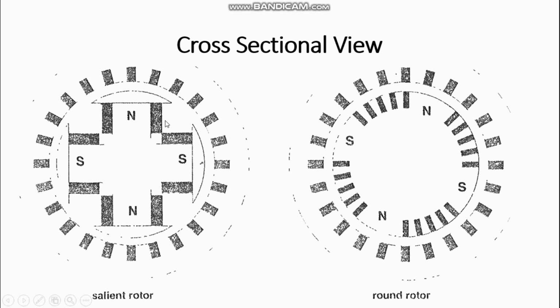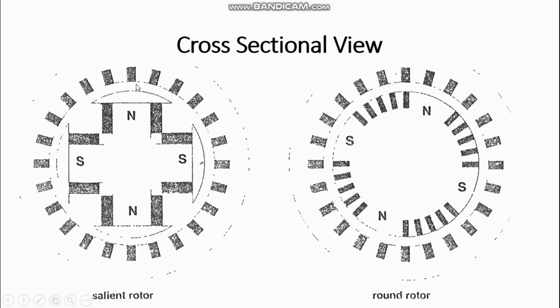So you can easily understand any intermediate position. From the cross-sectional view it is evident that PD is the permeance along the direct axis and PQ is the permeance along the Q axis, and obviously in the cylindrical case we will get only one even permeance, not PD, not PQ, a constant P.